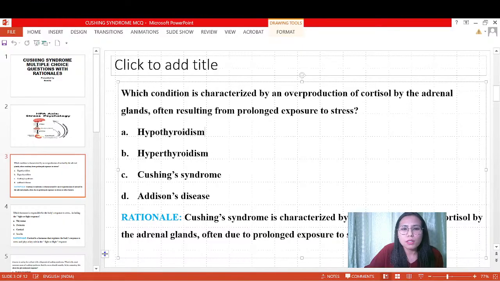The question says this condition occurs due to an overproduction of cortisol from the adrenal glands, often associated with prolonged stress. The answer is Cushing syndrome.